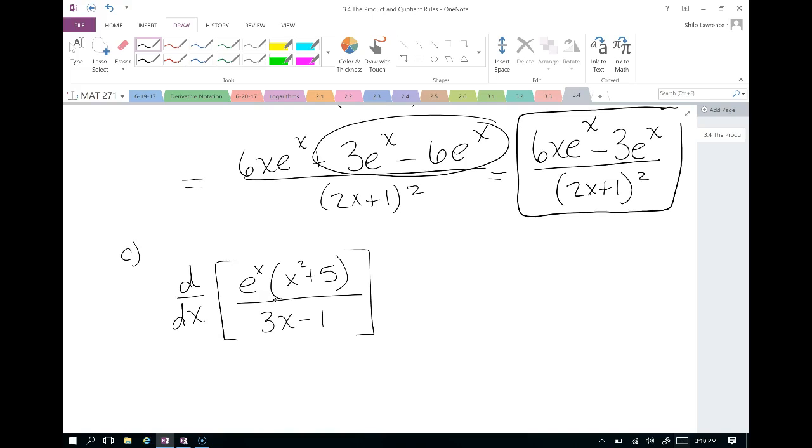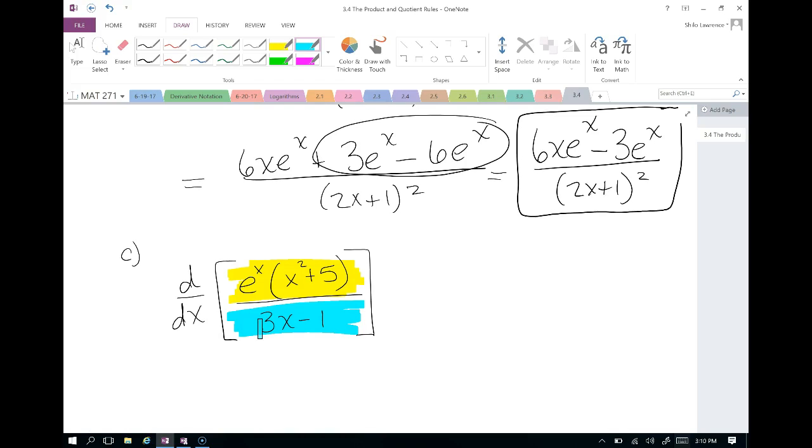So what I want to point out to you is that overall, this function is a fraction. It has a numerator and it has a denominator. Irregardless of what the numerator and denominator are, this function is a fraction. So you need to start with the quotient rule.